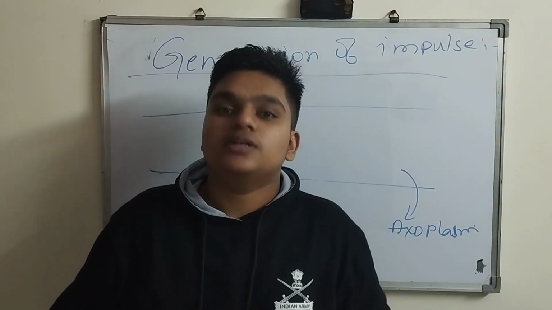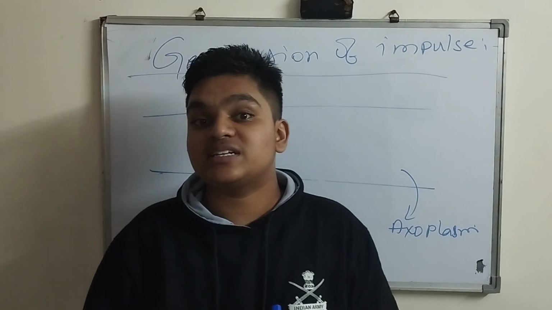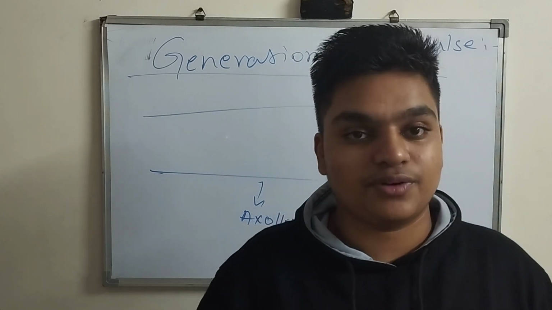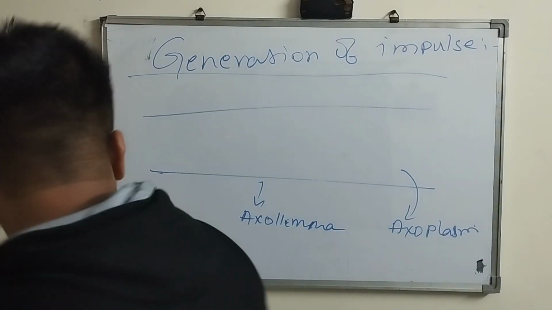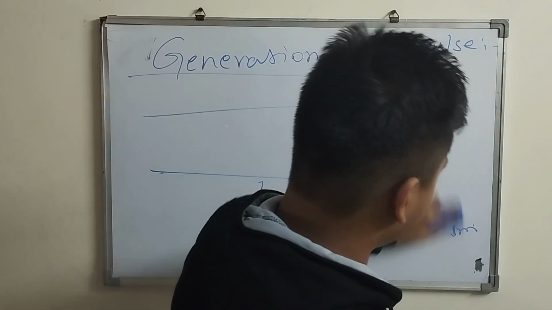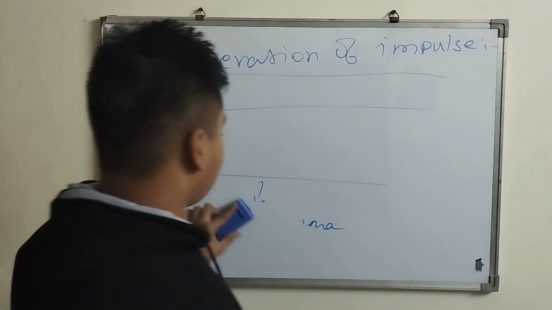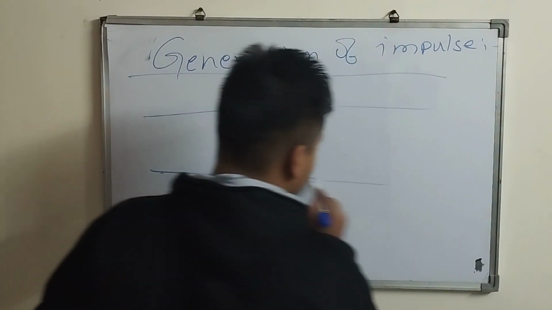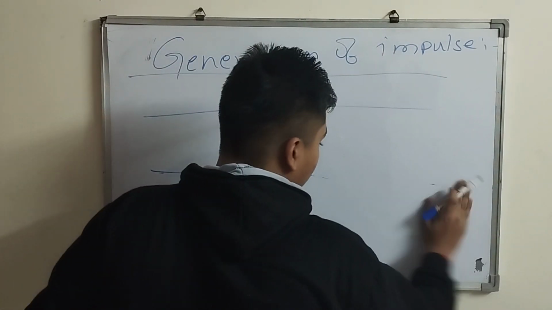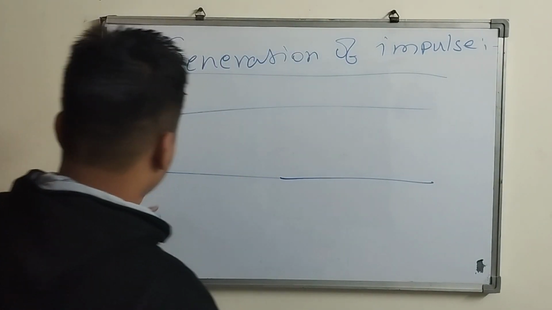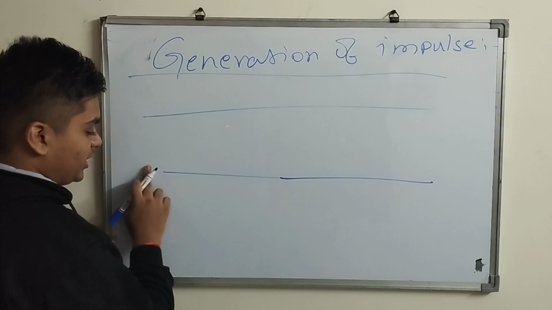But here the depolarization and repolarization differ. How? Let me show you. This is your axolemma, this is your axoplasm. Remember this in your cerebrum. Why cerebrum? Memory center is your cerebrum. What is resting potential or resting phase?